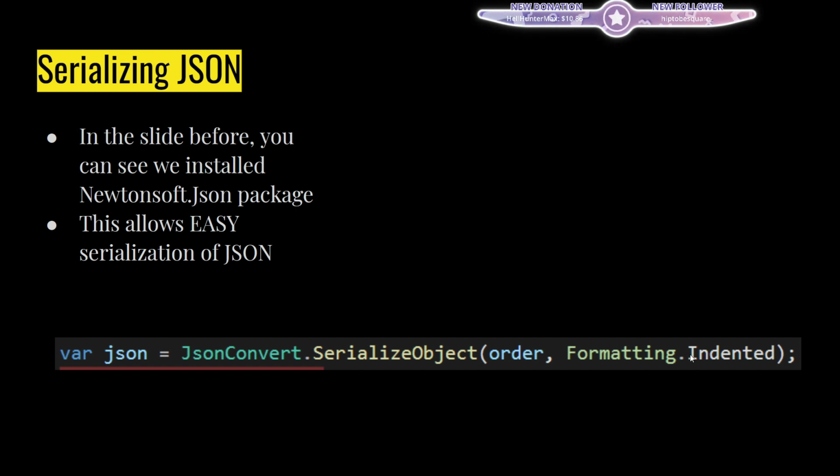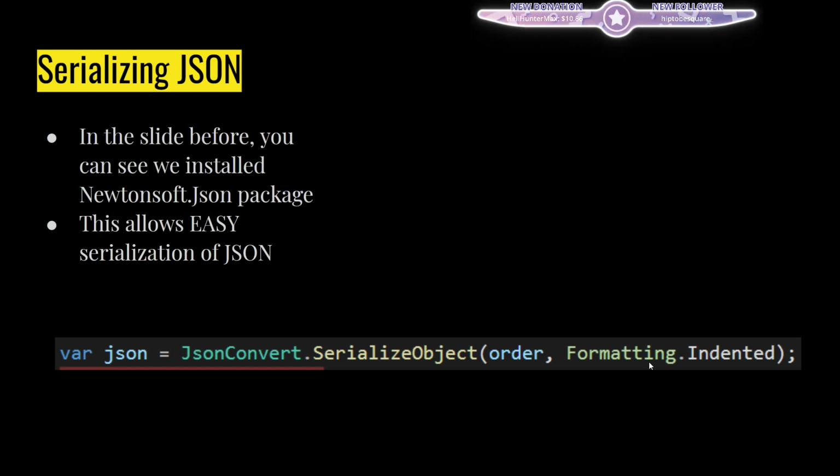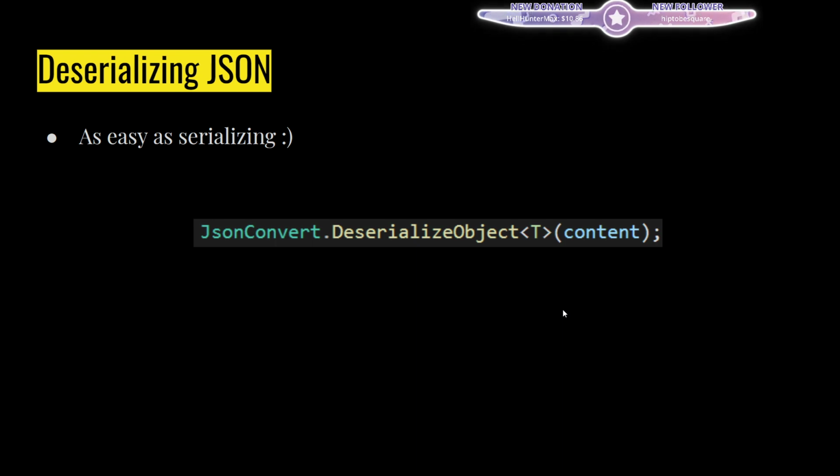Optionally, I can provide settings or formatting like I did here to make the string not one line, but to properly indent it so that it is human readable. And the opposite is as simple as that. Just say DeserializeObject and you pass the type to what you want to deserialize, in this case specifically a string.